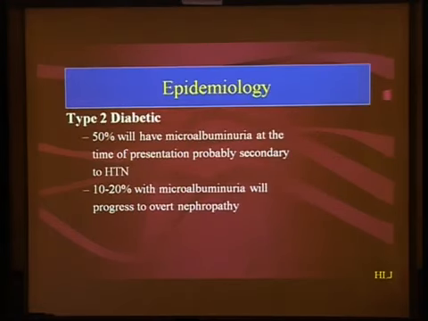In type 2 diabetes, 50% will have microalbuminuria at the time of presentation, because diabetes can be present for a long time before diagnosis. A patient can have diabetes for 3 or 4 or 5 years and not know that he has diabetes. And 10 to 20% of those with microalbuminuria will progress to nephropathy.